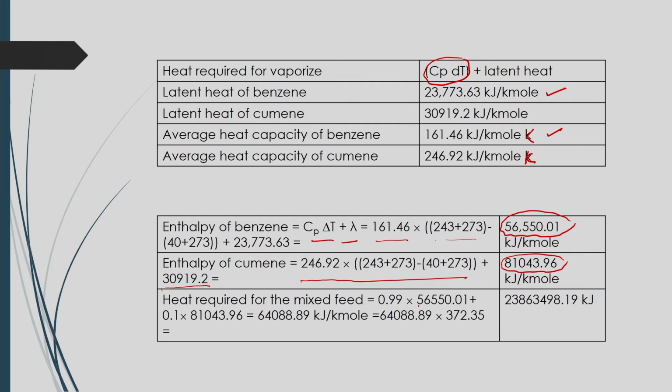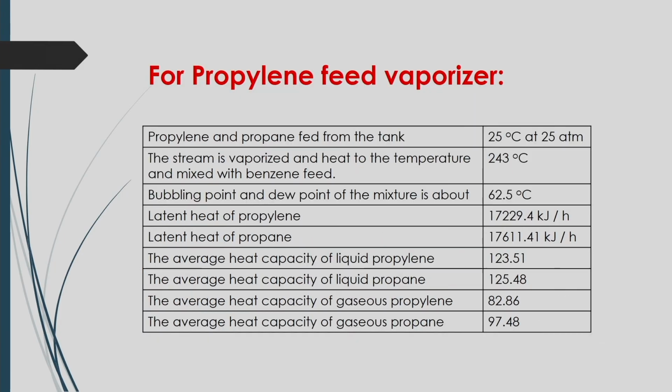Now, the heat required for the mixed feed depends on the fraction of benzene and cumene in the mixture. Accordingly, it is the percentage of benzene into its enthalpy, calculated as per this equation, plus the remainder, which is cumene. So, we get the total heat required for the mixed feed as 238,63498.19 kilojoule.